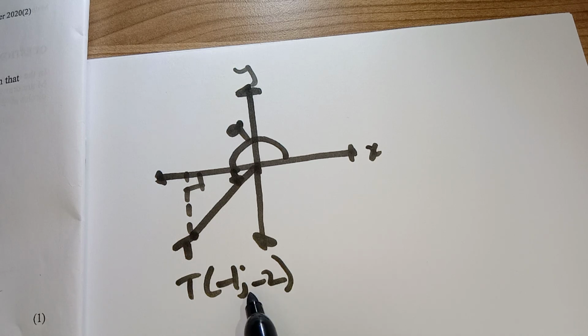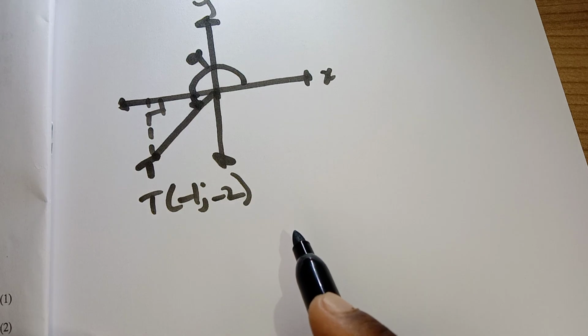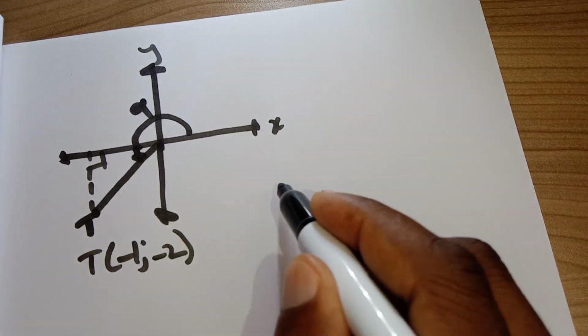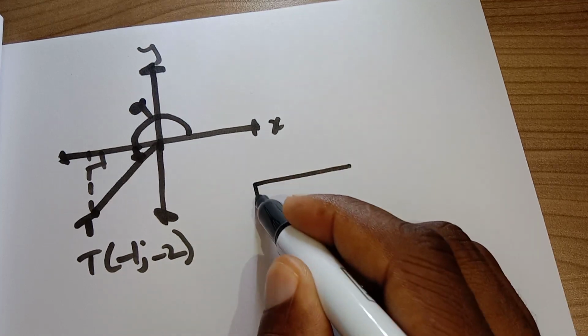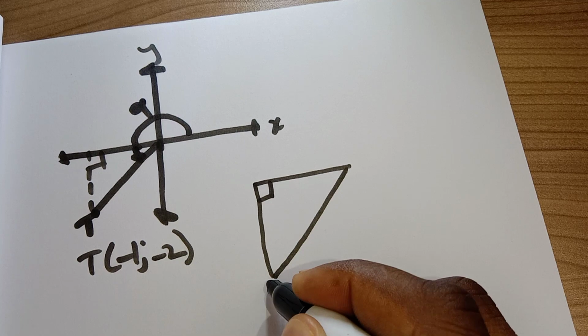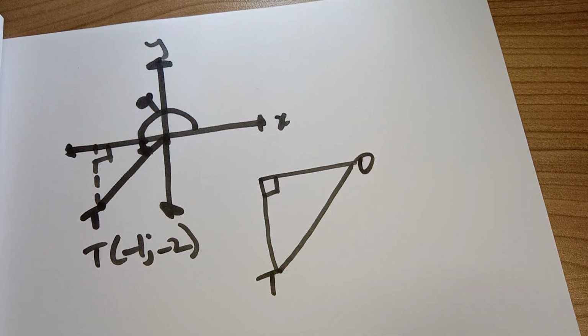Then this should be the value for the x, this should be the value for the y, okay? Then when we construct our right angle triangle there, we are going to have something of this magnitude, okay? This is our right angle triangle like that, okay? Then this is our T, this is our O, okay?